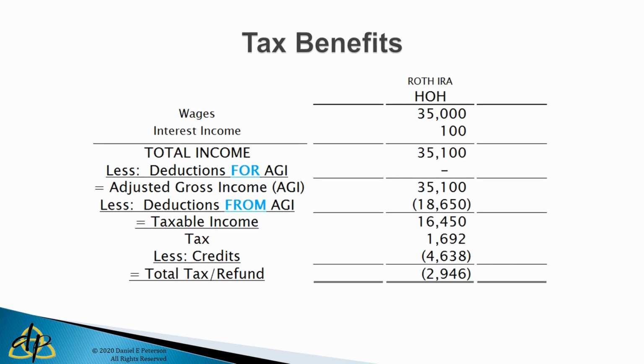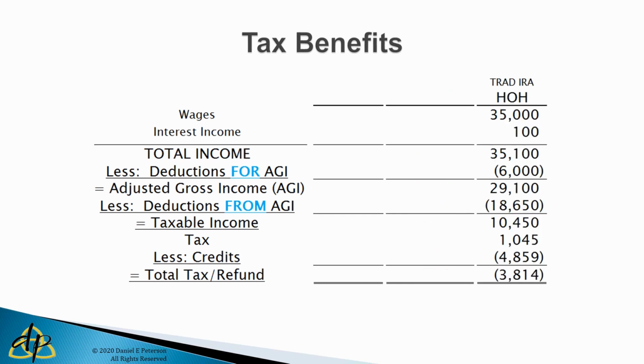If that taxpayer had made a Roth contribution of $2,000, that Roth contribution would then result in an additional credit that's owed to them, resulting in a total refund of $2,946. One more step that taxpayer could make is making a $6,000 traditional IRA contribution. When they do that, that drives their total income down and drives their taxable income down.